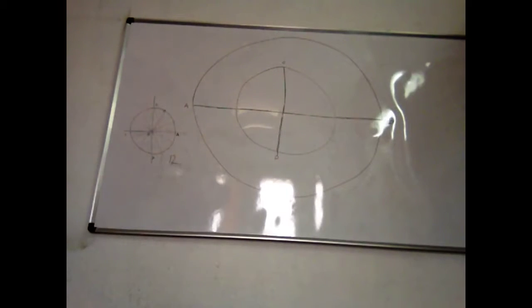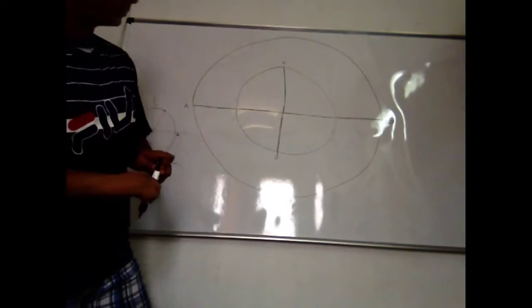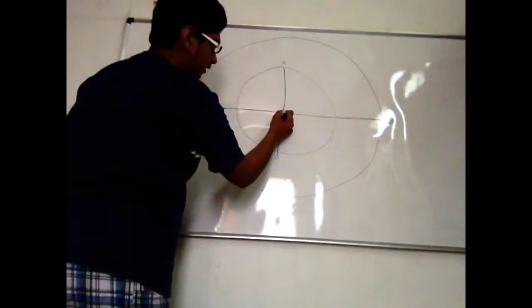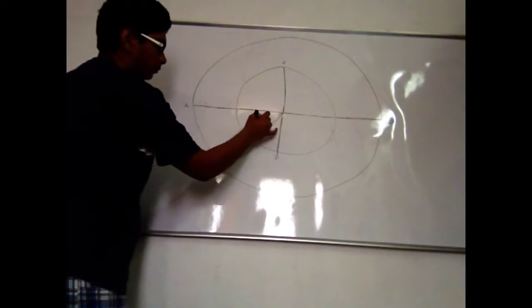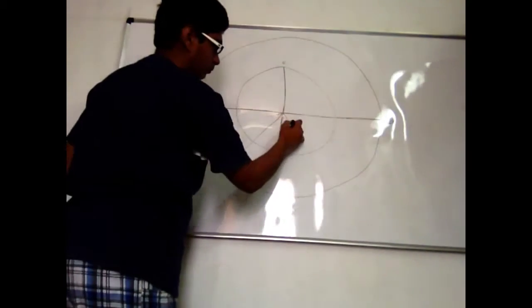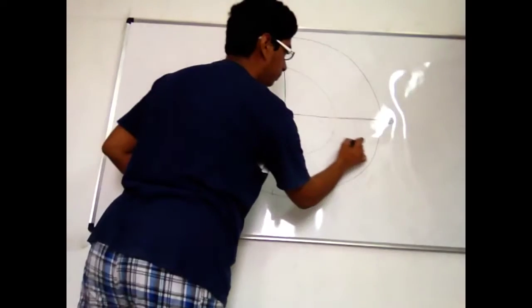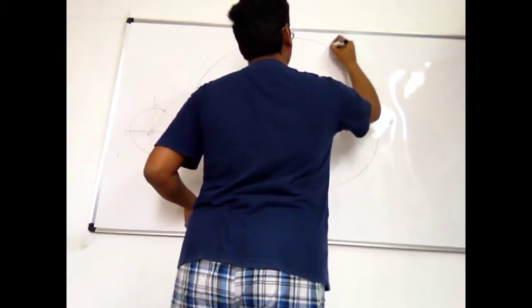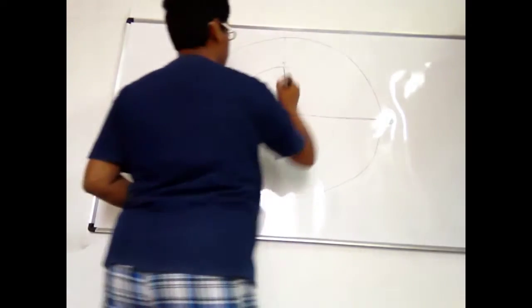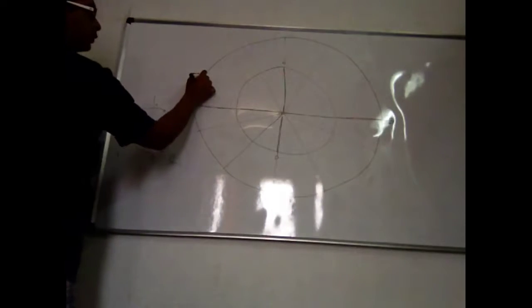So now, let us divide these two circles also into 12 equal parts. I'm directly dividing it. You need to take the proper readings using a light marker so that there won't be any confusion.